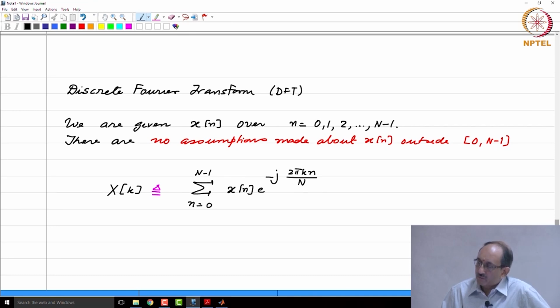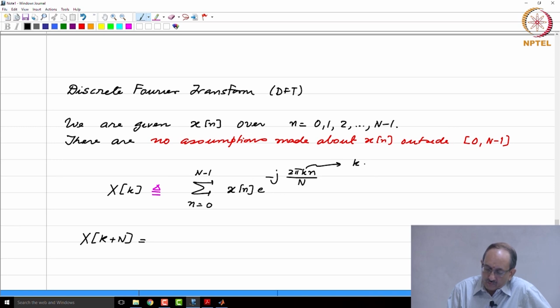And now if you look at this, immediately you can realize, X of k plus capital N: wherever little k is there, if you replace k by k plus capital N, what happens? Does anything change? No. Therefore X of k plus capital N equals X of k.